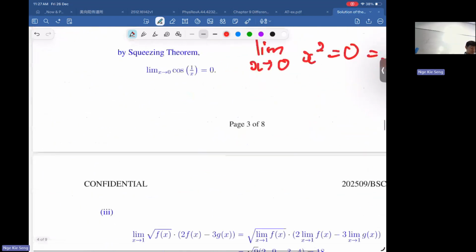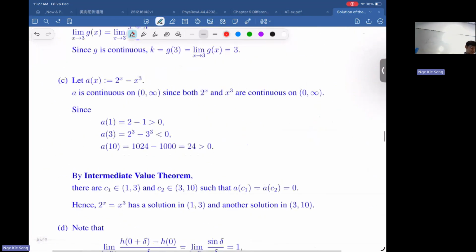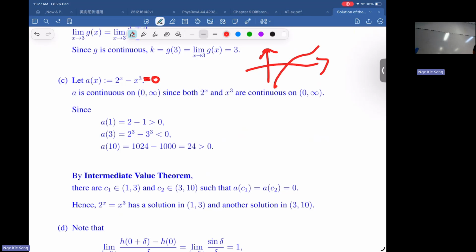Right, so what do we do here? Let's look at this question. If you want to solve it, it amounts to this difference here equaling 0. So we want to see whether this function will pass through y equals 0 or not.